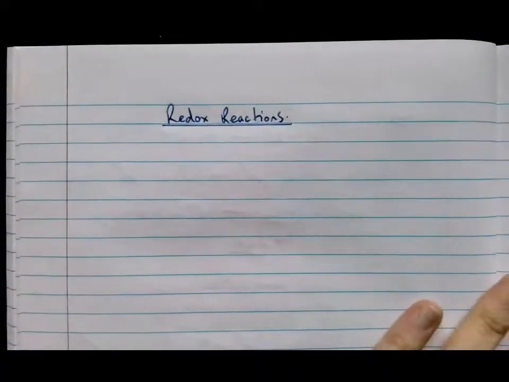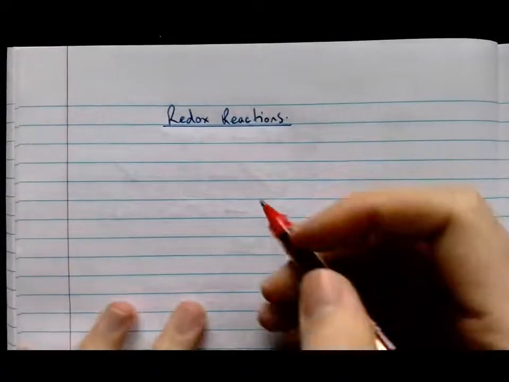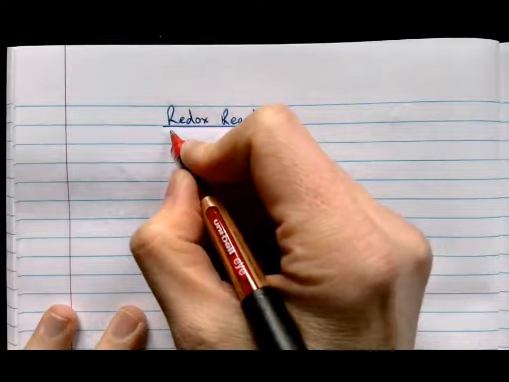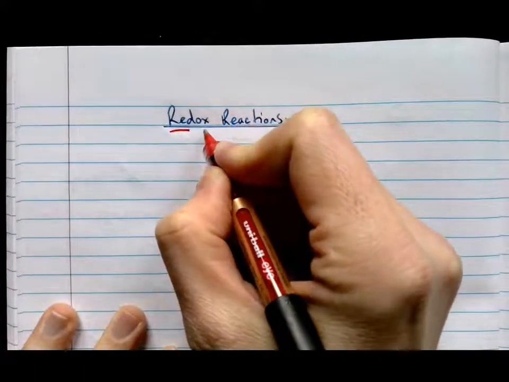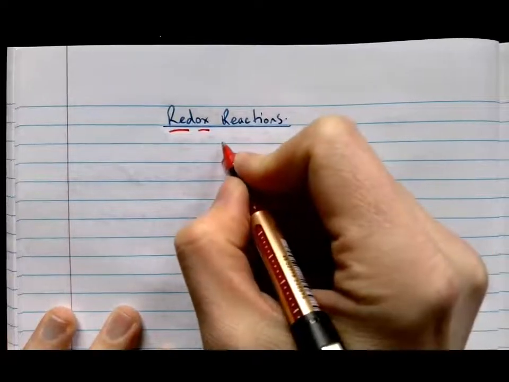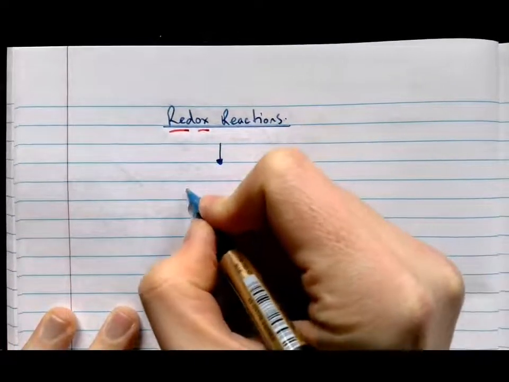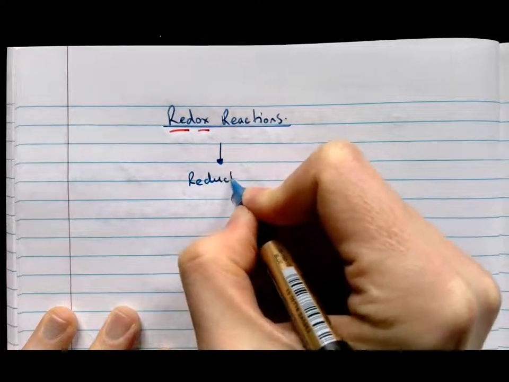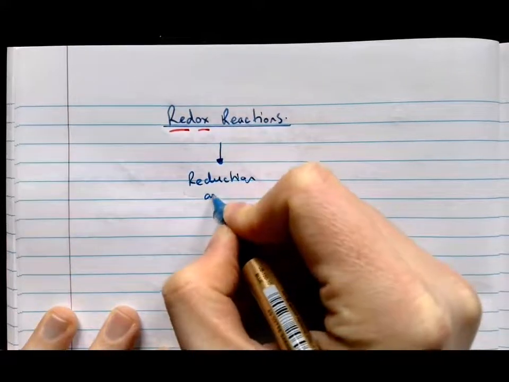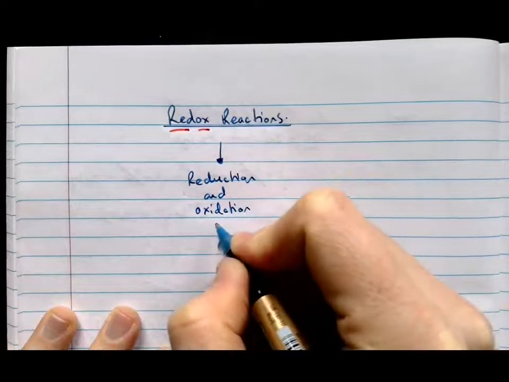So today we're going to think about redox reactions, okay? And it shouldn't be any surprise that redox is reduction and oxidation. So when we talk about redox reactions, we're talking about reactions where reduction and oxidation both happen.